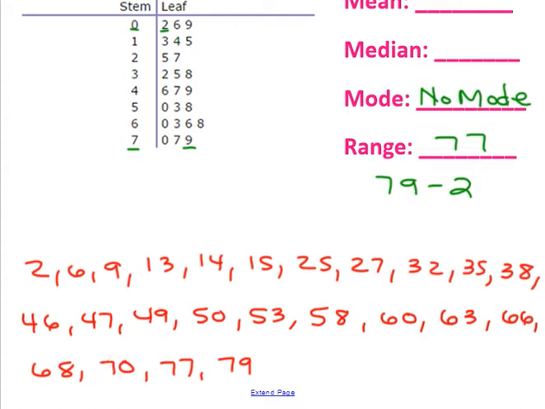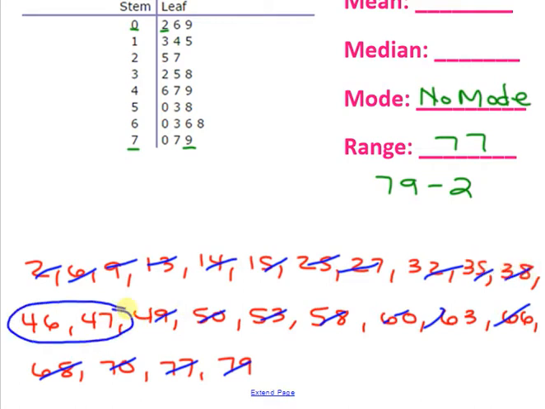And then we're going to go ahead and find the median. So my median is between 46 and 47, so it's going to be 46.5.